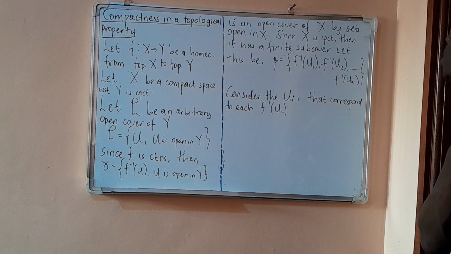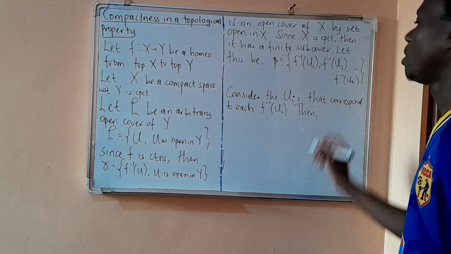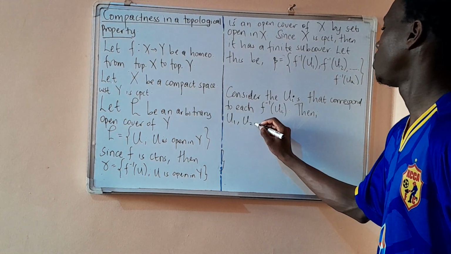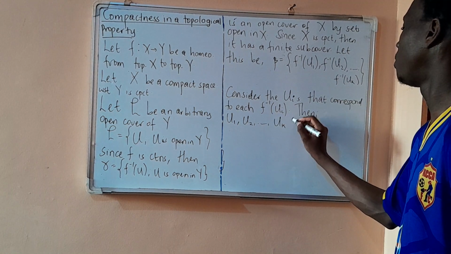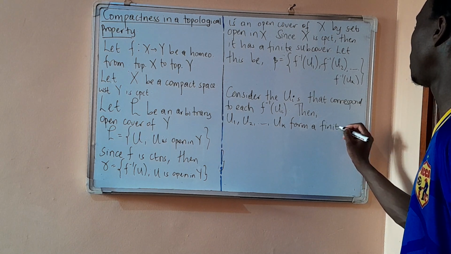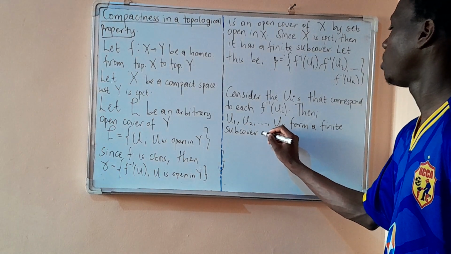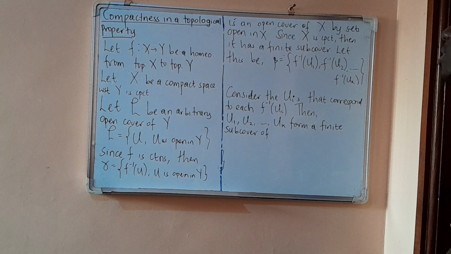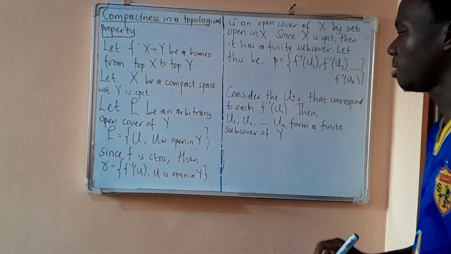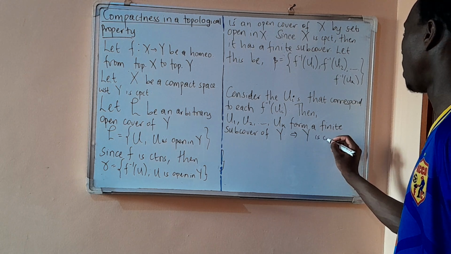Then those Ui's, U1, U2 up to Uk, form a finite subcover of Y. They form a finite subcover of Y, implying that Y is compact.